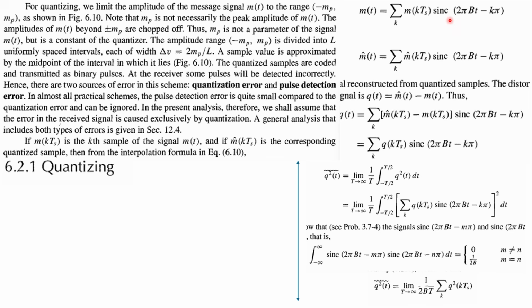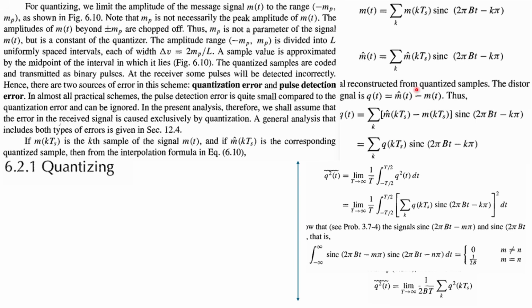Why sinc function? Because in the time domain the rectangular function becomes the sinc function. So take the convolution here; actually this is m bar (kTs), that is the quantized one. Take the difference, that is q(t) equals the quantized one minus the analog one. The digital one minus the analog one will be the error, right?